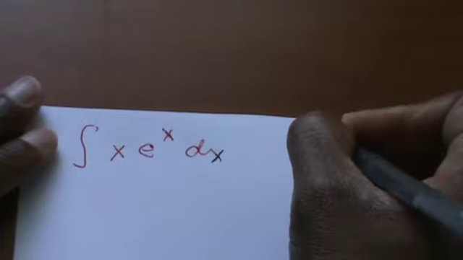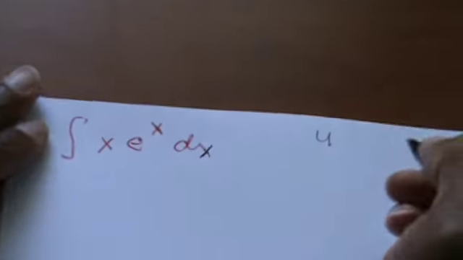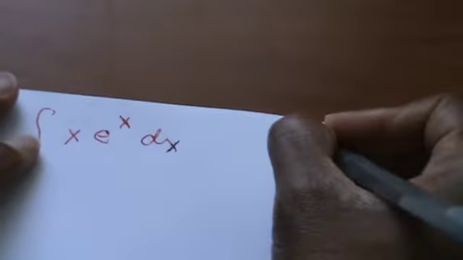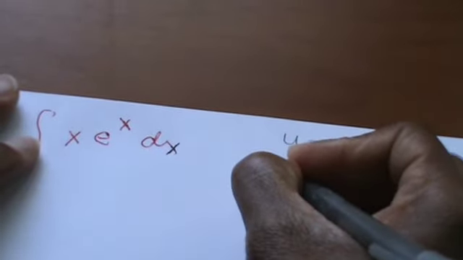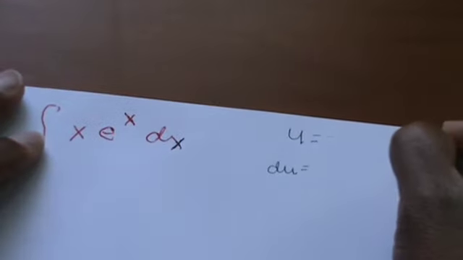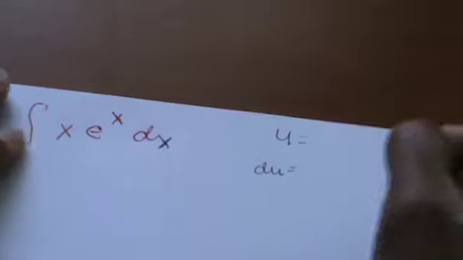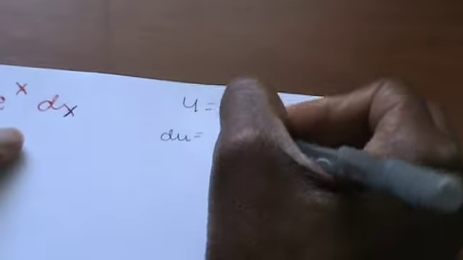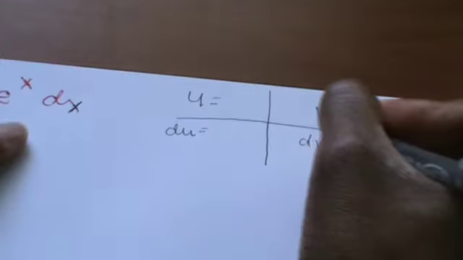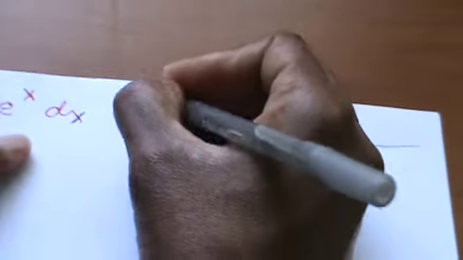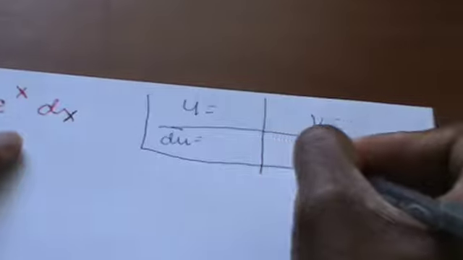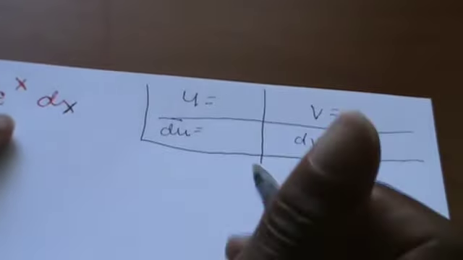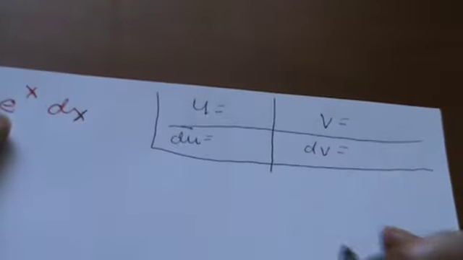What I typically do is create a table that has u in it, du, and then it has v and dv. So it has all of those pieces. I'm going to show you two different approaches so that you can see which one is the correct one.